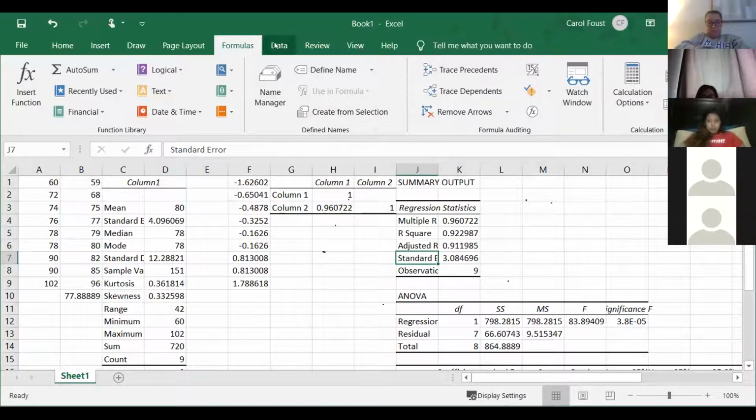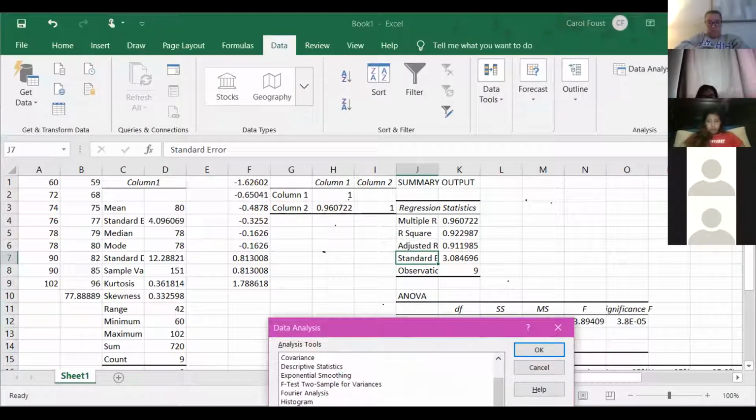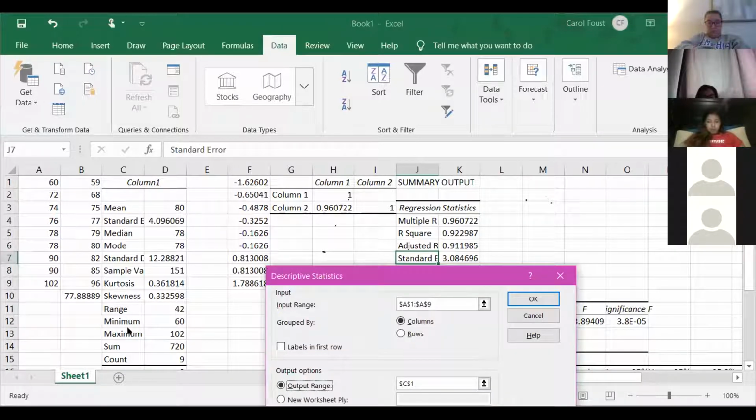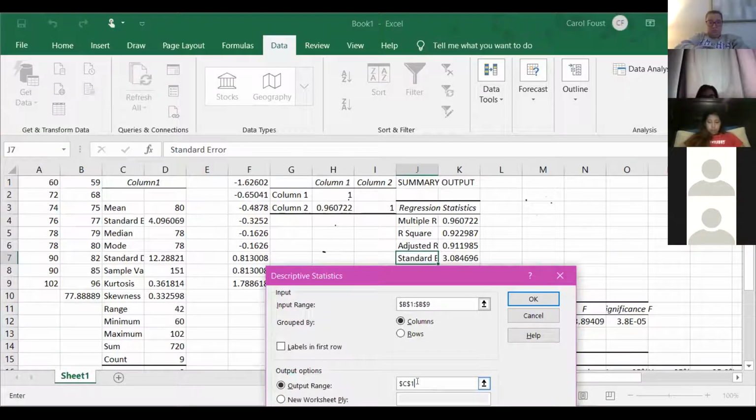I could do that quick, just so we could see what the standard deviation was on the final. Let me pull those, and I'll put them in C18.